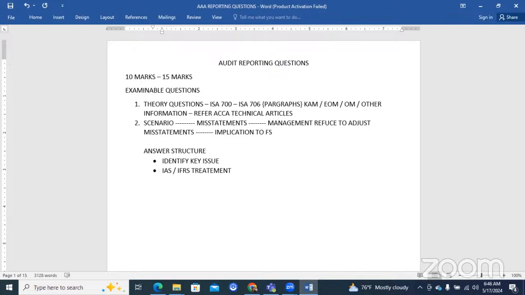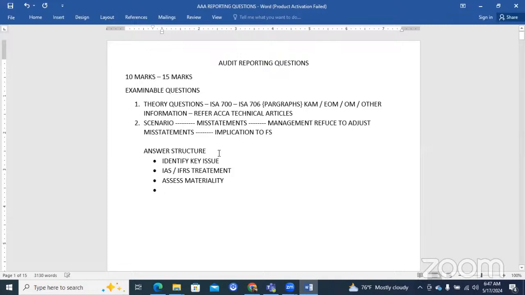IAS 16, revaluation. IAS 24, related party. IAS 37, provision. Likewise, it's your duty to explain the standard requirement.